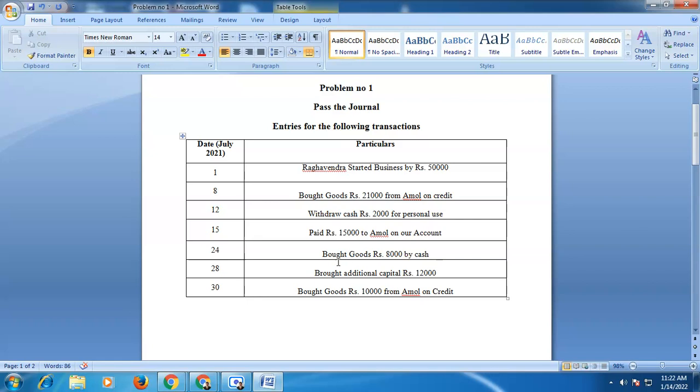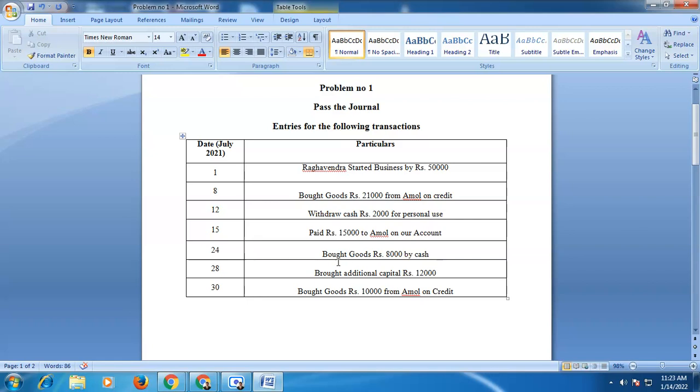Raghavendra started business by rupees 50,000. It means Raghavendra invested 50,000 in his business. Now you can see Raghavendra, which indicates the personal account. Raghavendra is the name of a person. So that's why we can consider it as a personal account.